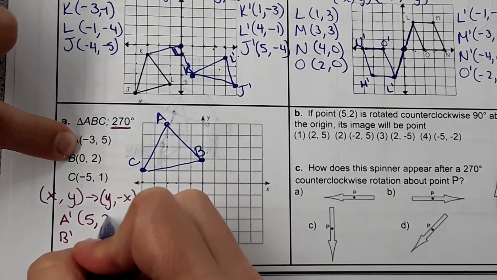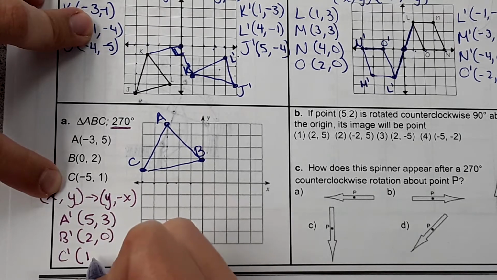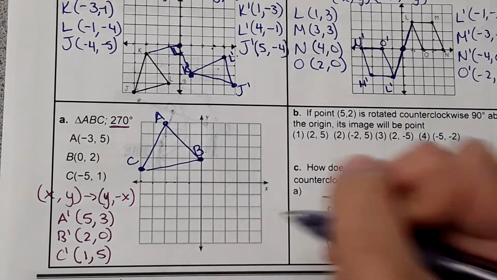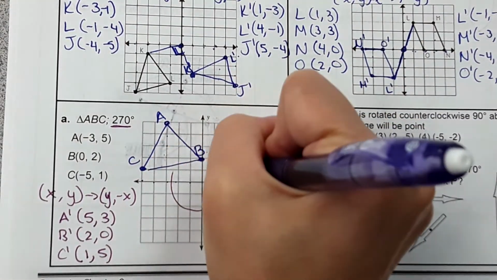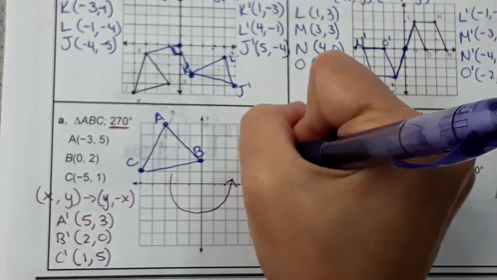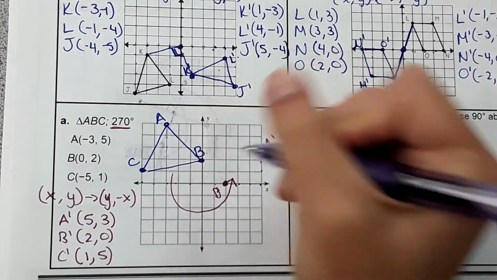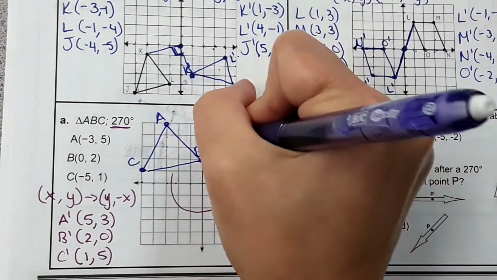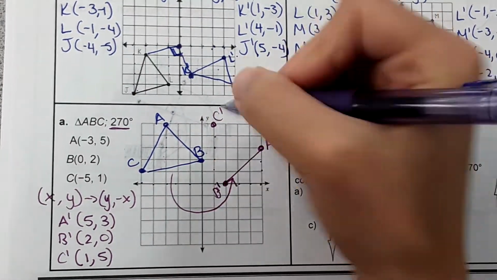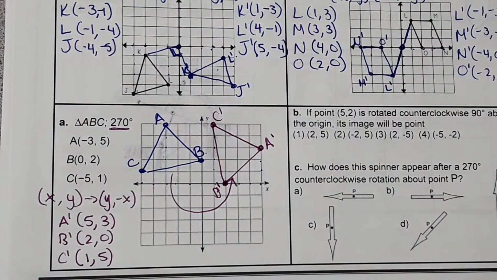So now it's doing 270, so it's going to land in this quadrant. And there's our rotation.